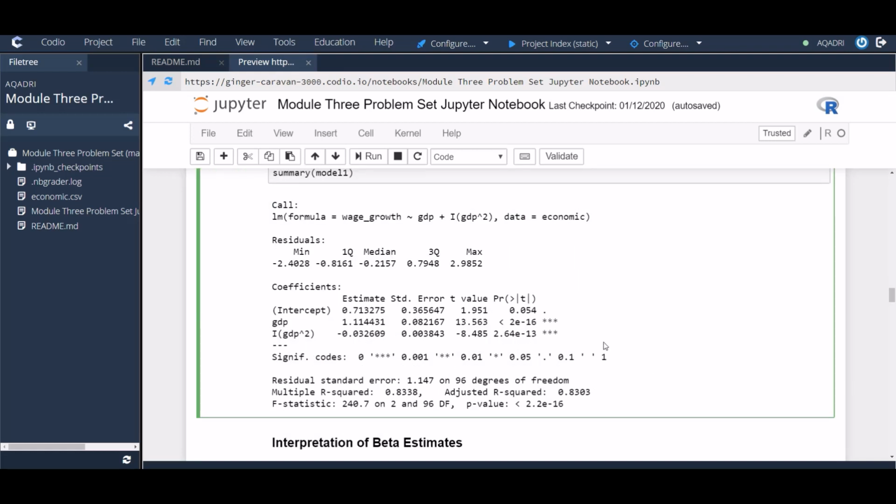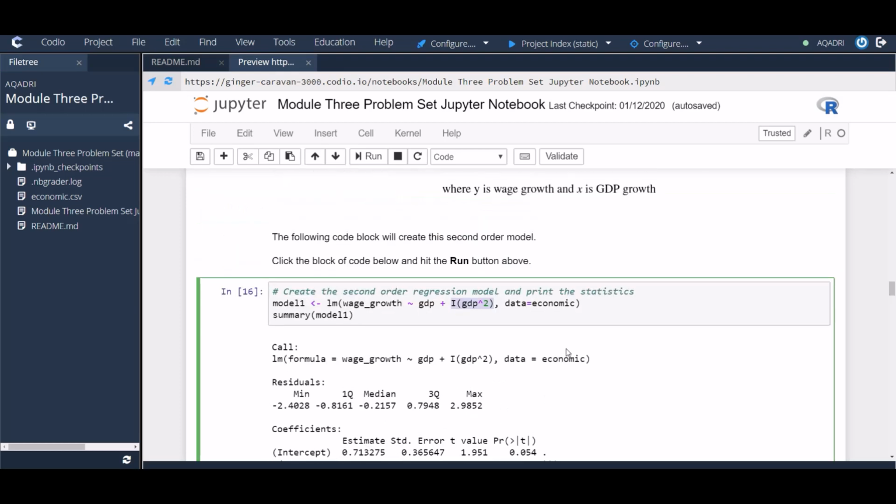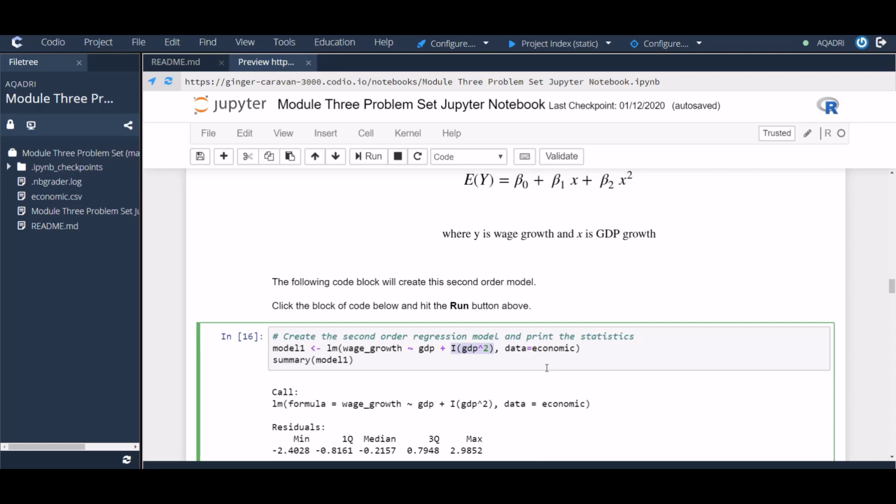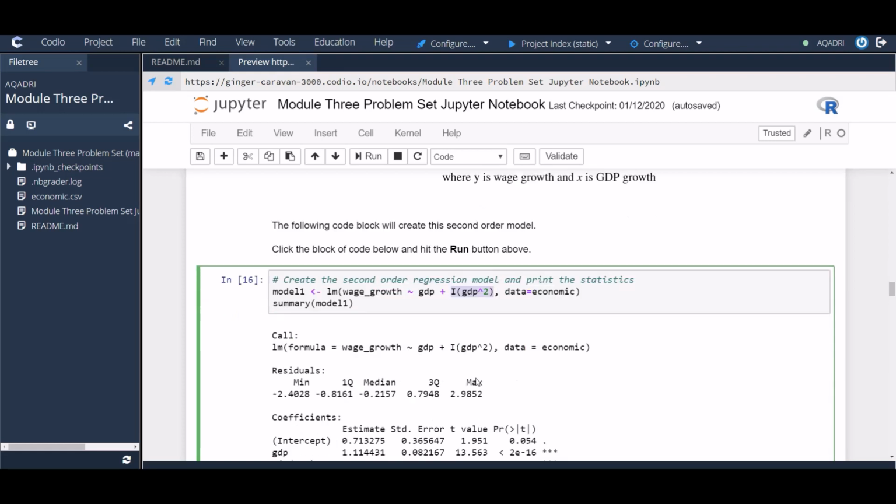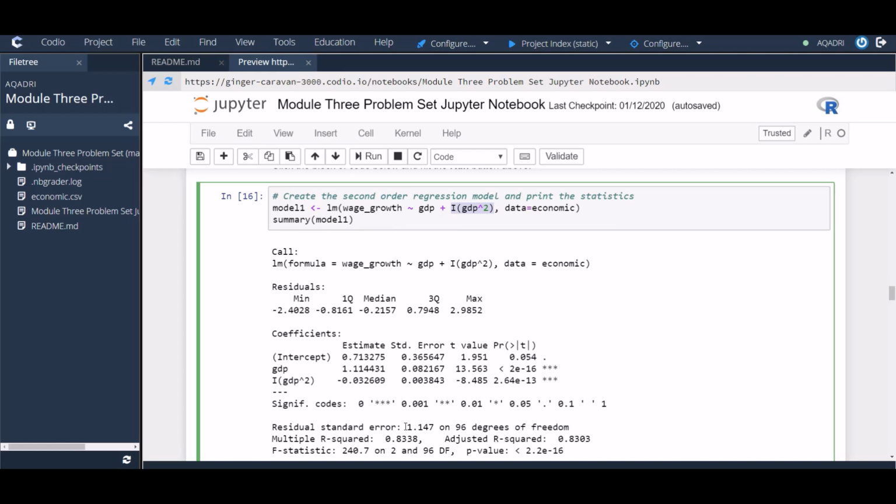So that's good. Everything else is the same, right? Again, very simple concept. Once you know that you need the second order term, this is how simple it is to create it in your model, and then the model output is the same.